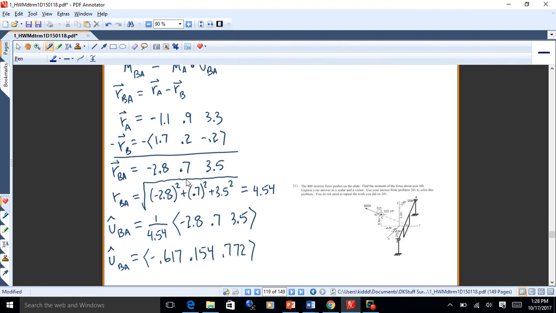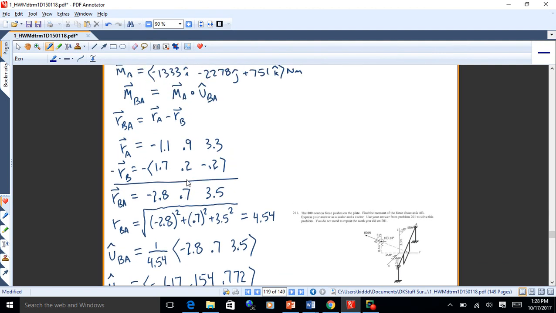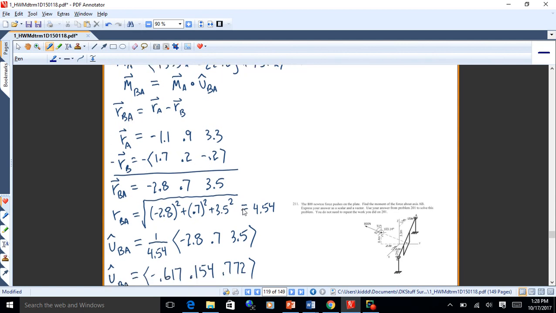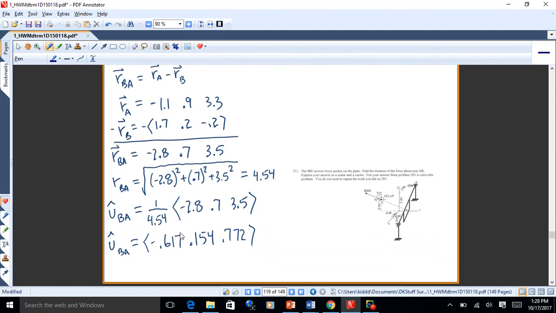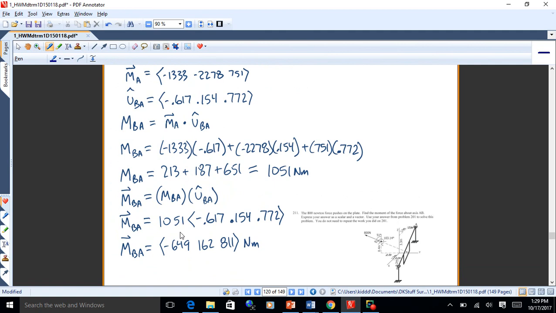All right. So that's how you make a unit vector. Subtract the vectors in the reverse order that is designated. Find the magnitude with the theorem of Pythagoras. Divide through, you get a unit vector. Once you've got the unit vector, you dot it with the moment vector, or multiply the like components together and add up the results.